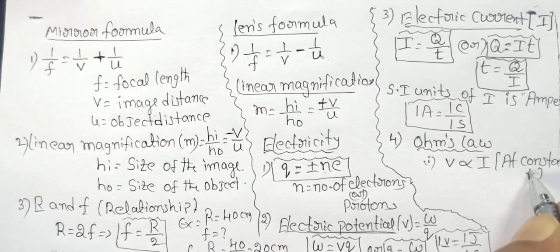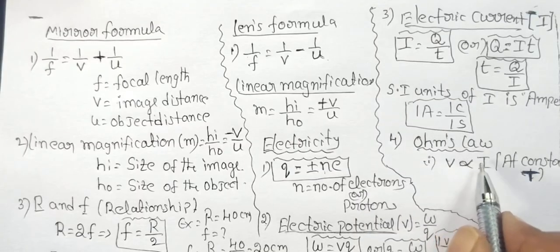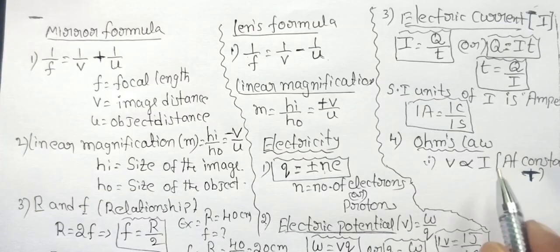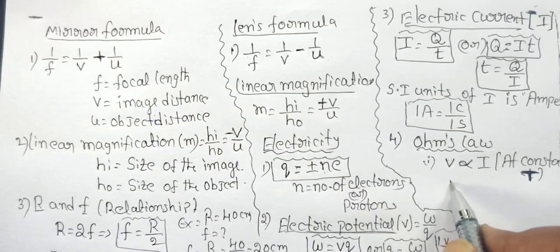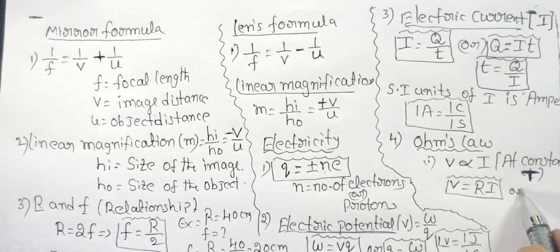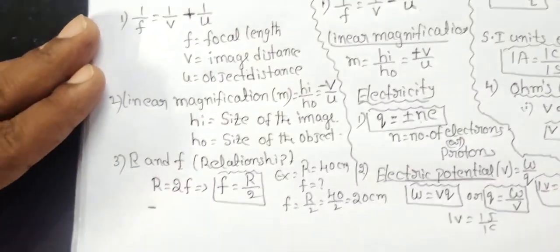It means potential or voltage is directly proportional to current at constant temperature. To equate this proportionality, we introduce R into I. The main formula is V is equal to IR. Some will write V is equal to RI also. R means resistance of the conductor. This is one of the formulas.